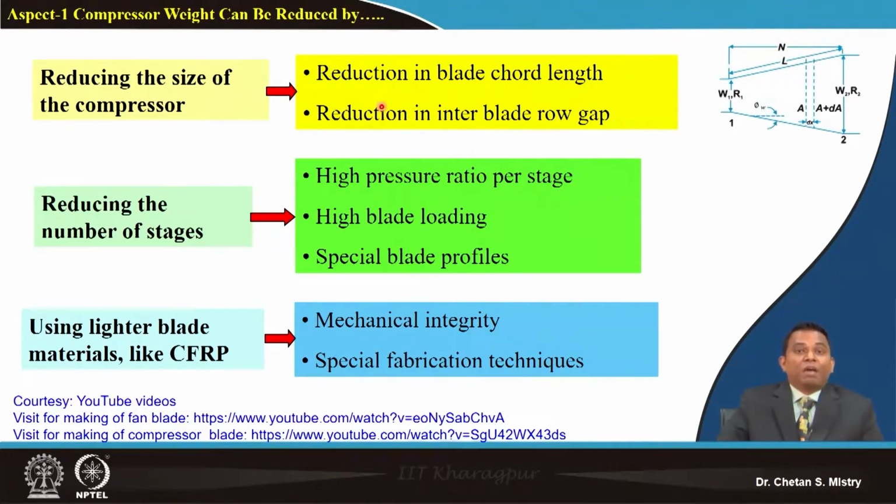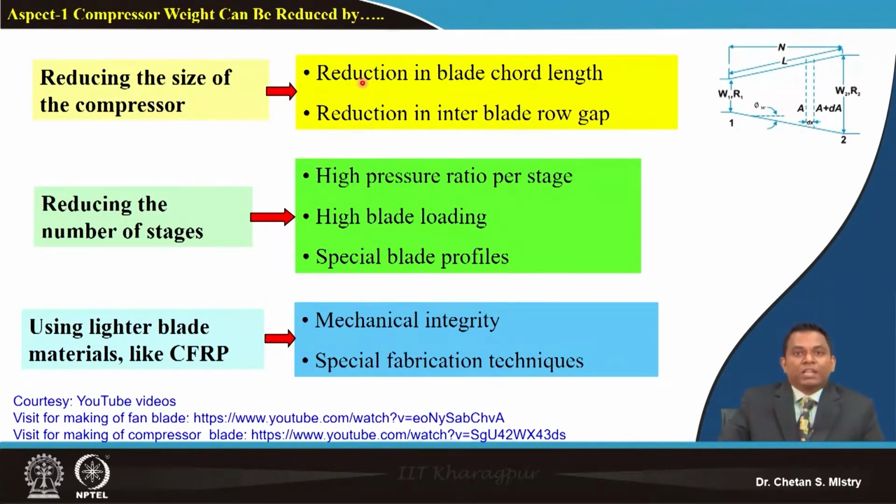That means the gap between stator and rotor, the gap between two spools, needs to be lower. If we are able to manage these things, then we are able to reduce the size or the length of the engine.